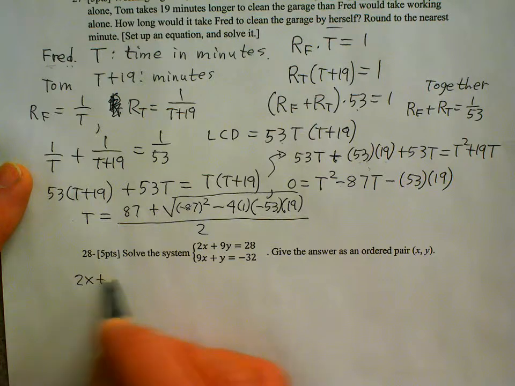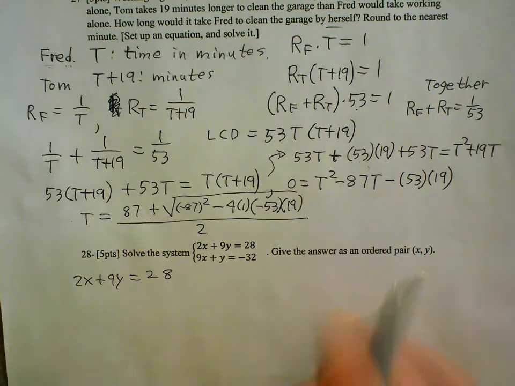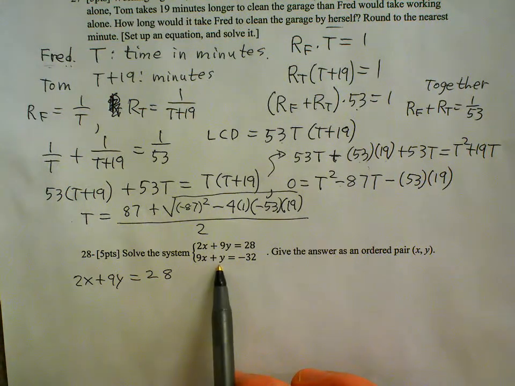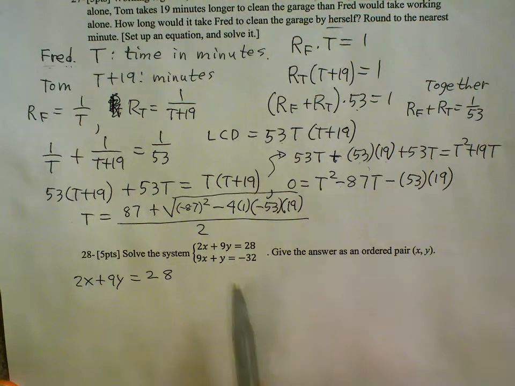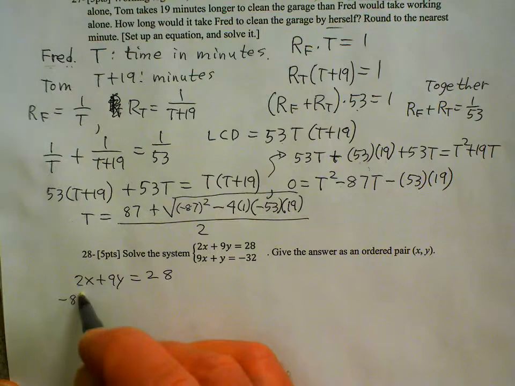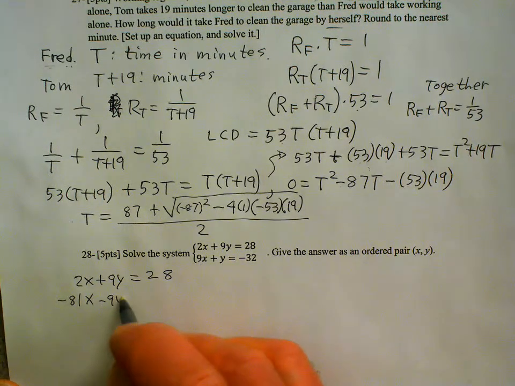2x plus 9y equals 28. And then multiply every term on both sides of the bottom equation by negative 9. Negative 9 times 9x is negative 81x, and then minus 9y.